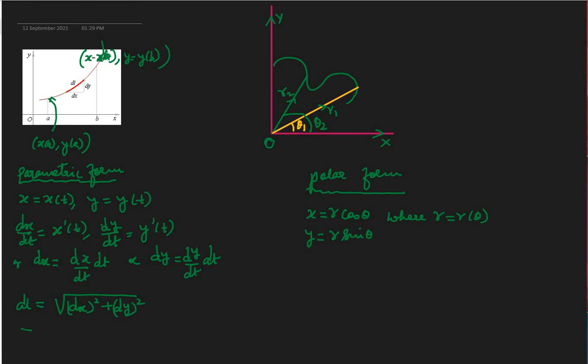So this implies that dl, that means the length of this portion only, is equal to square root of (dx/dt) the whole square into dt square plus (dy/dt) the whole square into dt square.